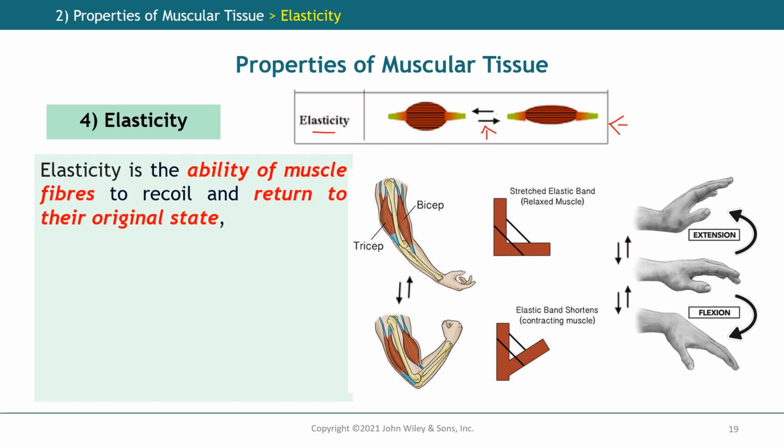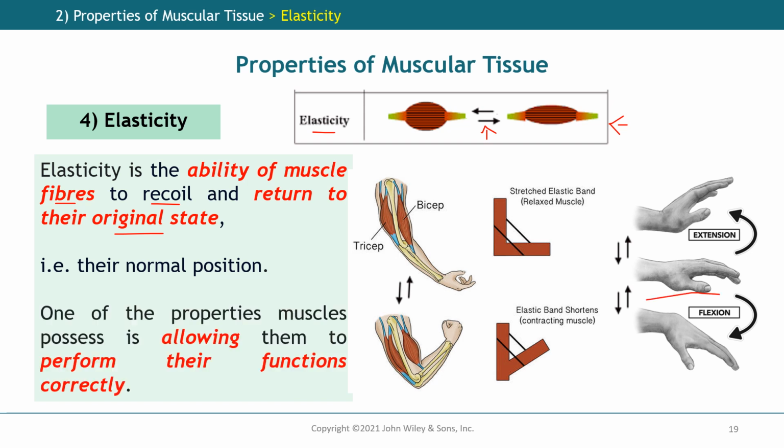In other words, elasticity is the ability of a muscle or the muscle fibers to recoil and return to the original state. And in the hands here it is very clear. This is the normal position, and you're able to go back and forth.